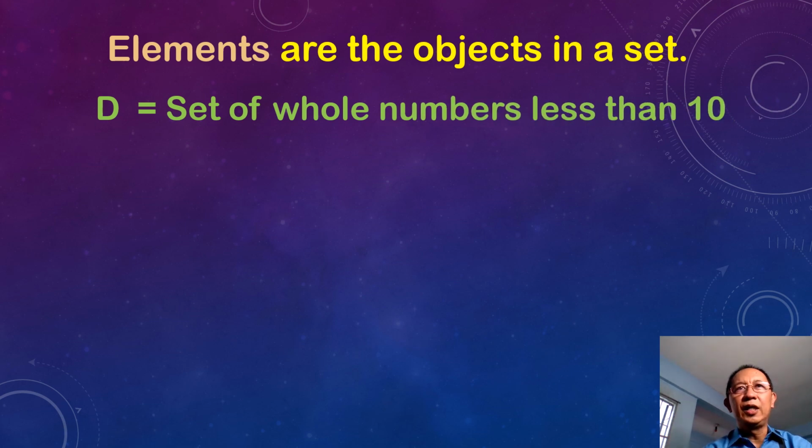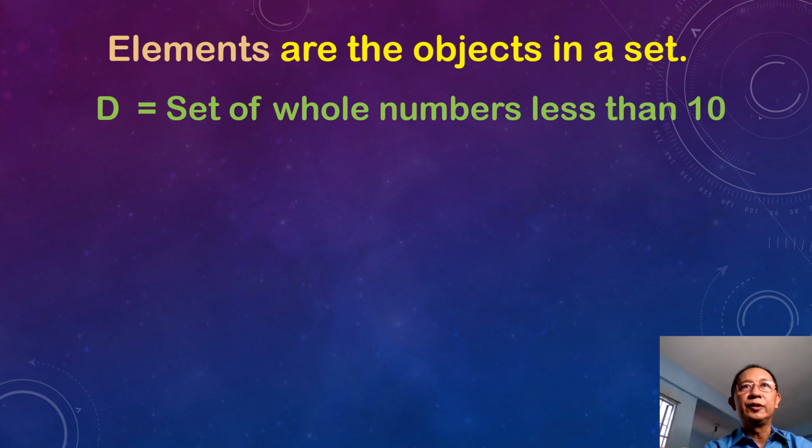For example, set D is a set of whole numbers less than 10. So what are the possible elements of set D? When we say whole number, we will start with 0. 0, 1, 2, 3, 4, and so on.